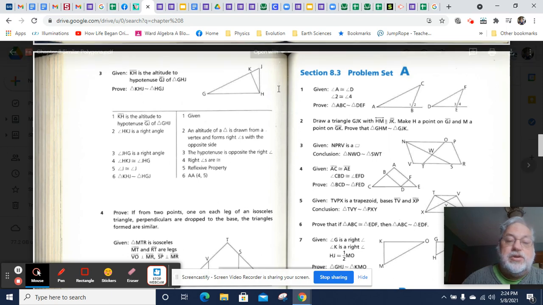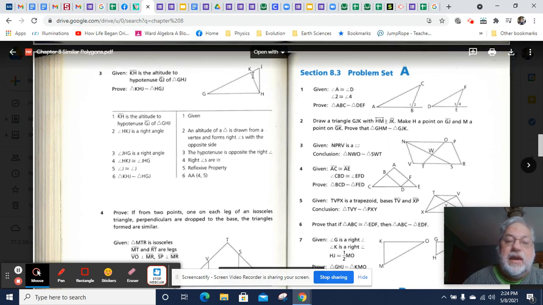And so we've got 2 right angles that are congruent. So angle HKJ and angle JHG are both right angles. And angle J is shared by both triangles, so it is itself. So we've got angle, angle.